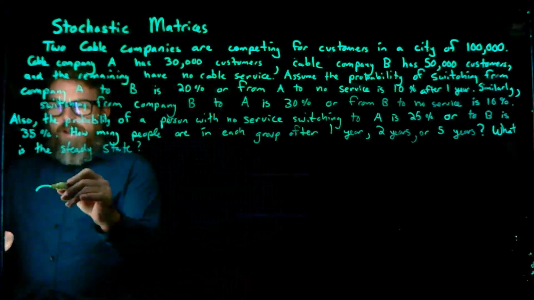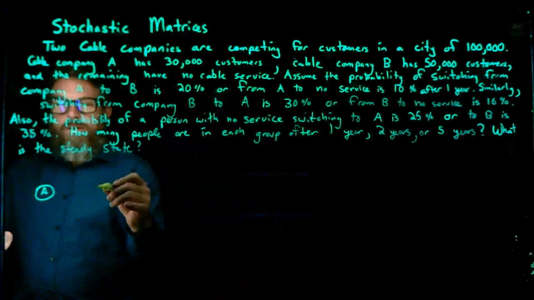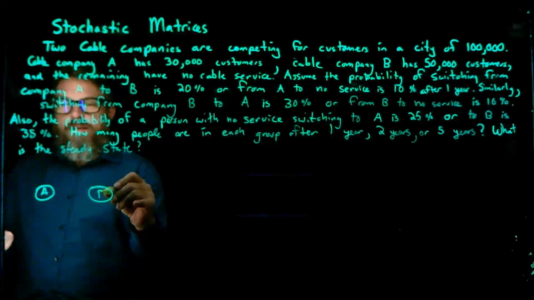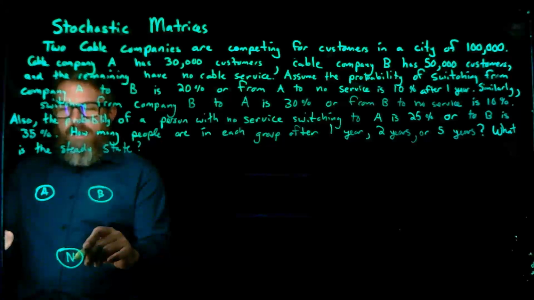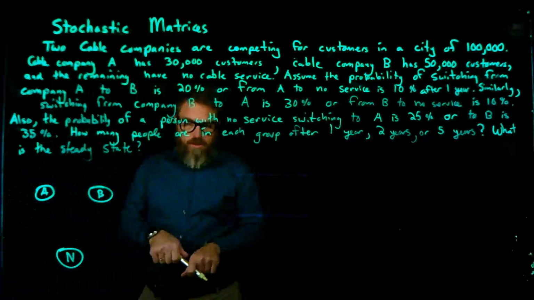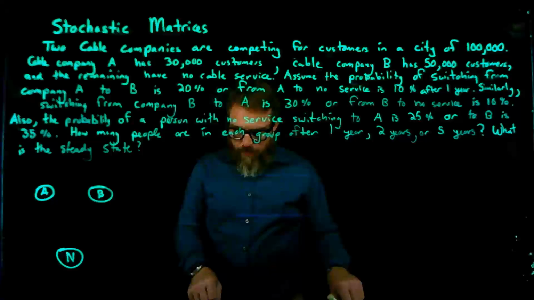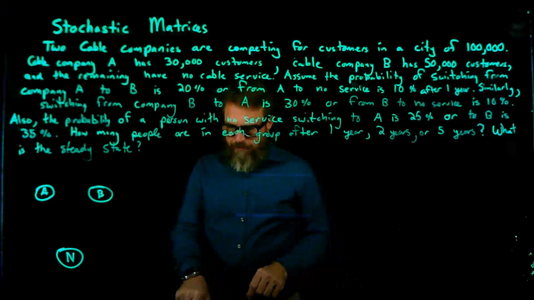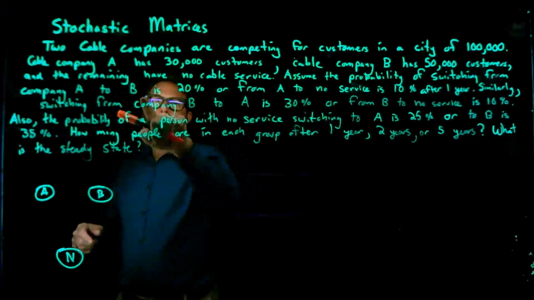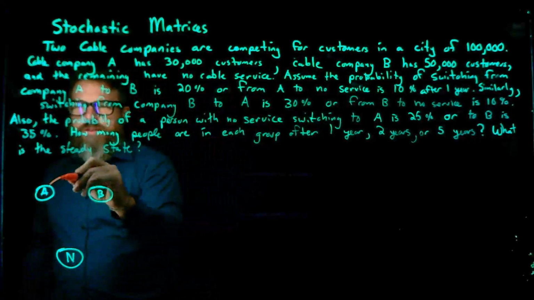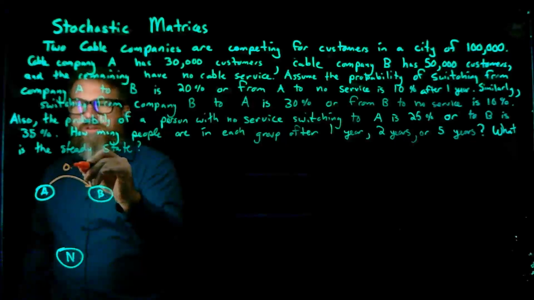So I'm going to have company A, we're going to have company B, and we're going to have our no service. And I'm just going to keep track of where everybody goes. So from A to B, it's 20%. So from this to this, we know this is going to be equal to 0.2.